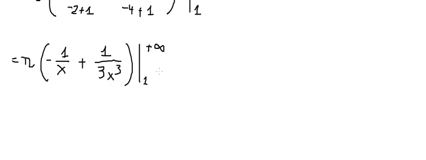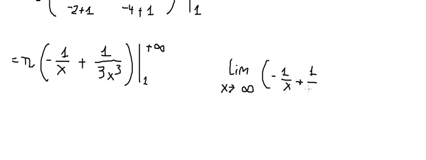Now, when s approaches positive infinity, the upper bound of this one gives 0, because a number divided by positive infinity gives 0, and similarly for the second one.